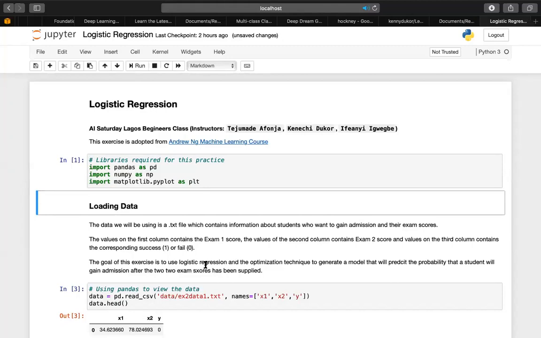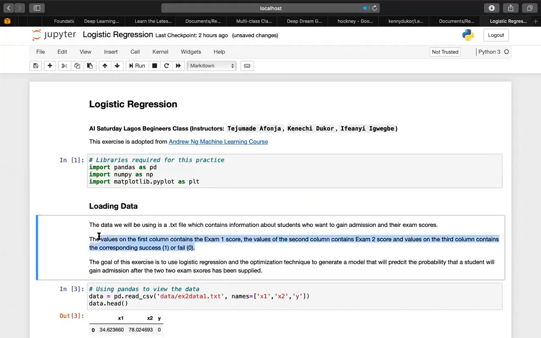The first column contains the exam 1 score, the second column contains the exam 2 score, and the third column contains the corresponding result, which is 1 for success and 0 for fail. This is more or less similar to a real life example.